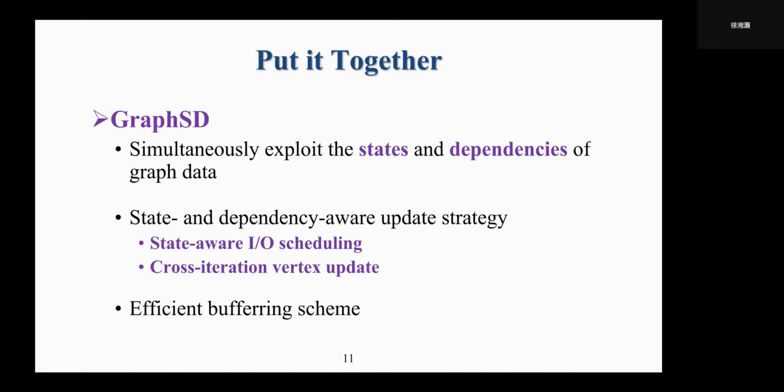A state and dependency-aware update strategy is proposed to support both active vertex-aware processing and cross-iteration vertex updating. Moreover, we also design an efficient buffering scheme to further reduce I/O costs. In the following, we introduce the detailed designs and implementations of GraphSD.